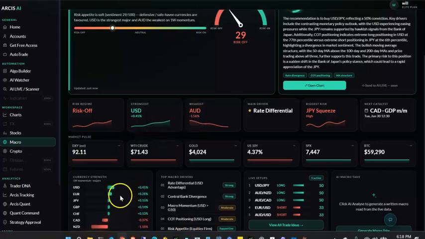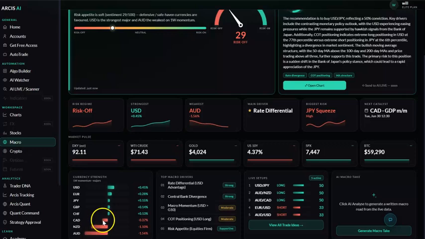Down here is the currency strength. You can see Aussie is the weakest. Then the Kiwi, so that kind of follows. Commodity currencies in a risk-off environment are normally weaker. Currencies like the US dollar, JPY, tend to get bought in risk-off markets.